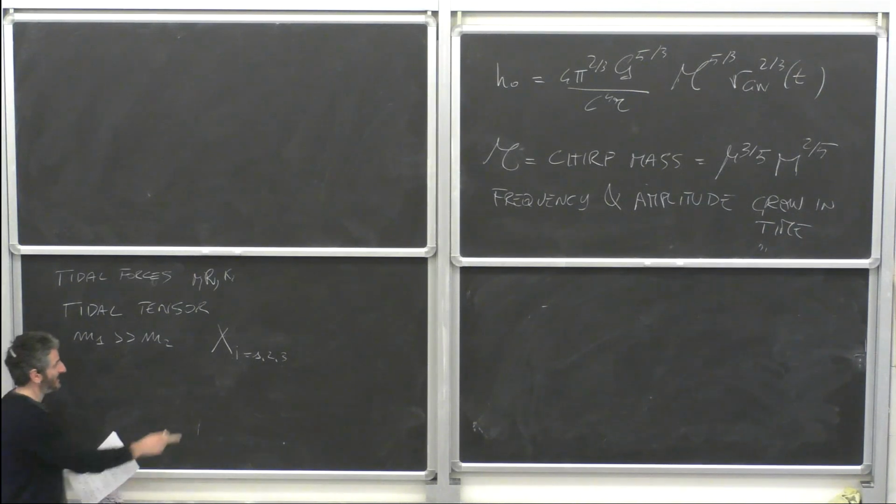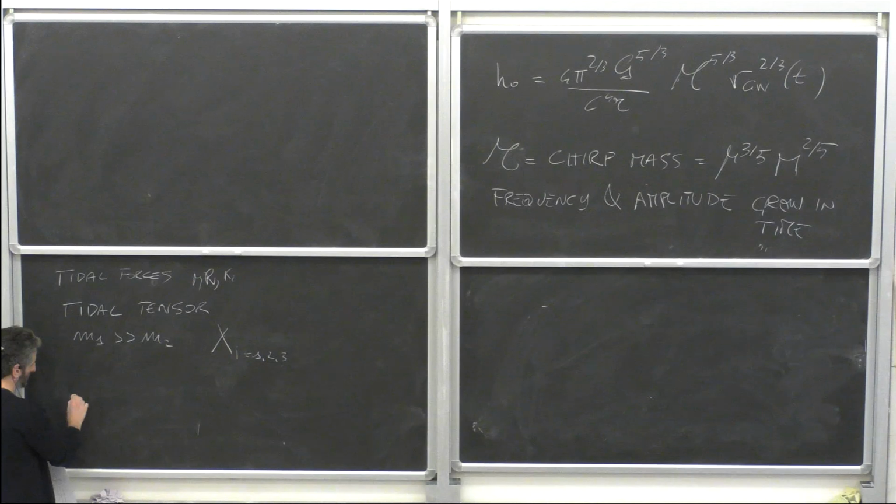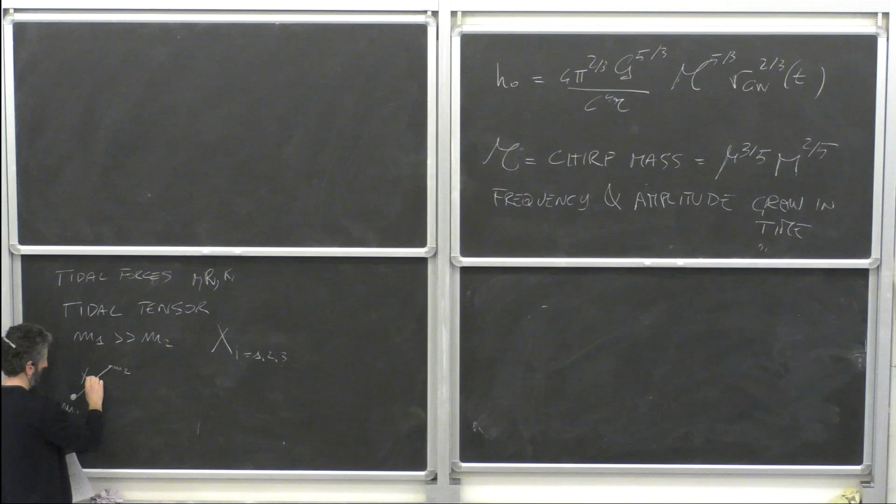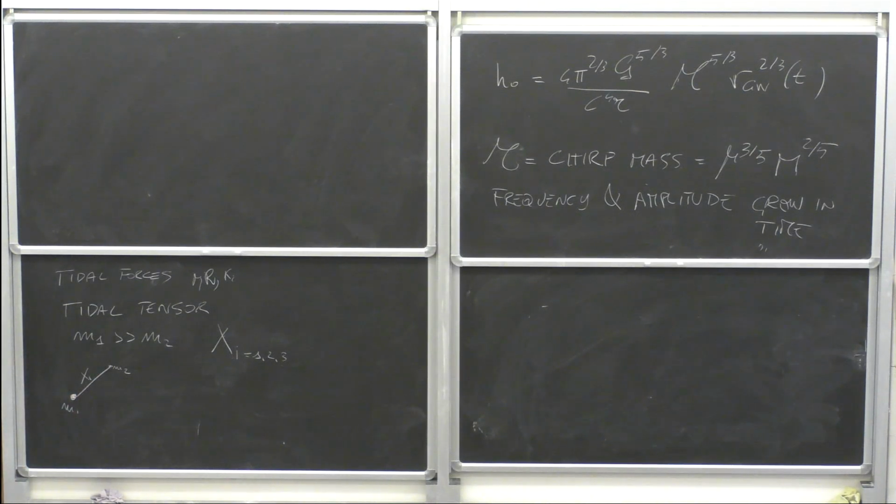These capital X are the components of M2 in an inertial system anchored with M1. So you have a reference system anchored with M1, and the capital X define the coordinates of M2.